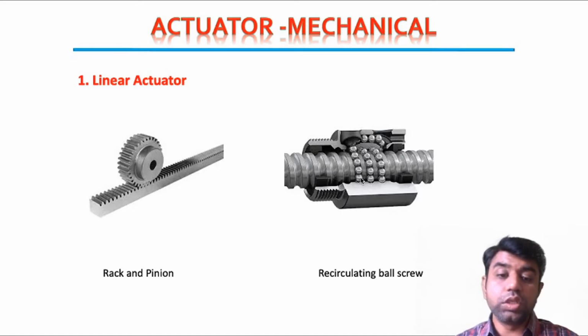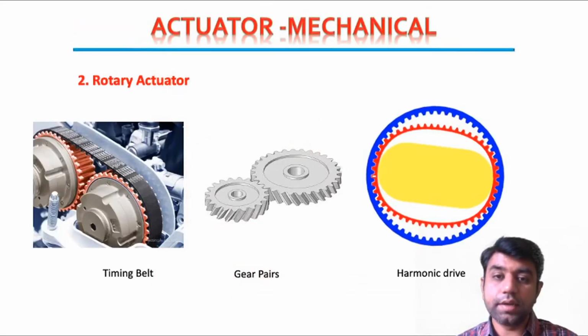Again, we can use recirculating ball screws, which reduce the friction to a greater extent. Balls circulate inside the spline portion, and as we rotate this, the shaft moves linearly. So these are the linear actuators.